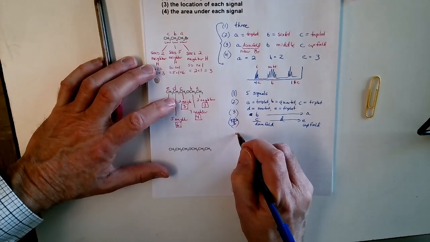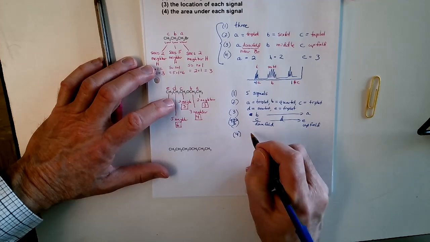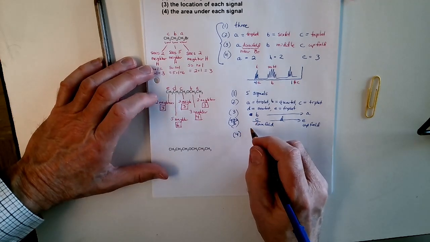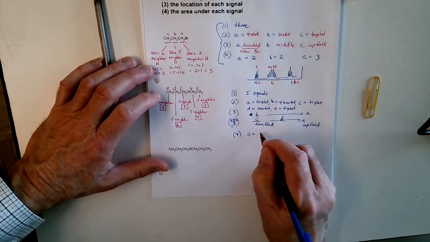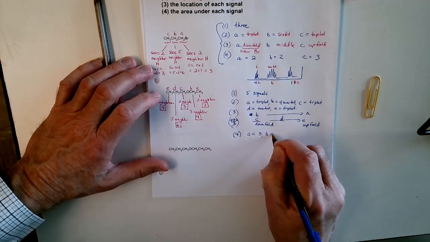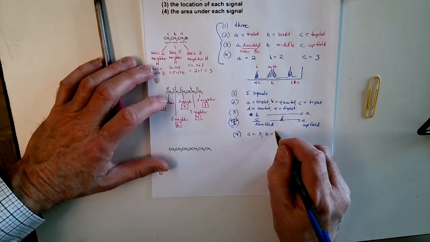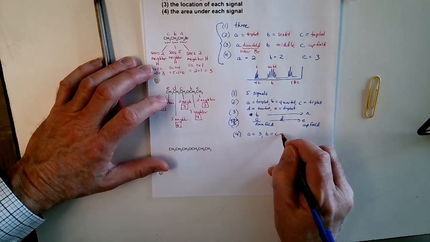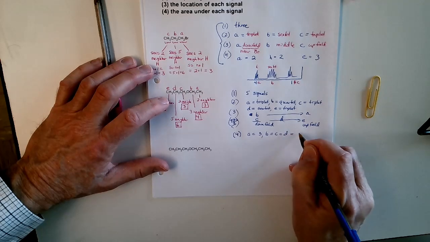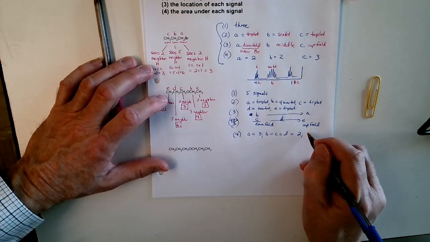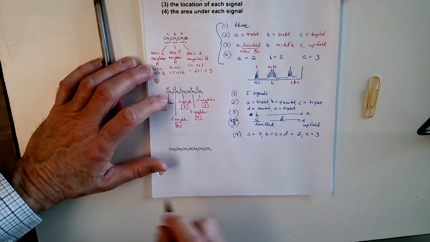And this last one, number 4, the area under each signal. A would be 3, B and C and D would be 2, E would be 3.